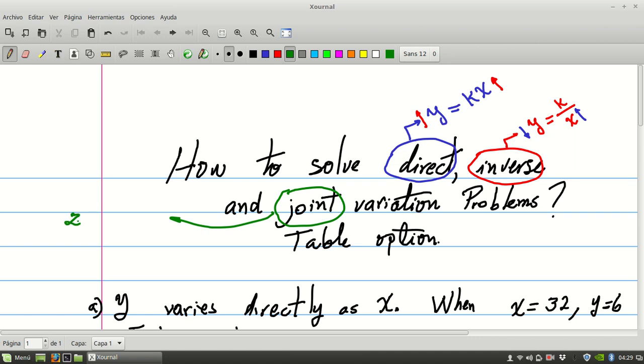And joint variation is when we have three variables, one in which we can say k is a constant, times x or y, and we don't know the power of x or y because it depends on the relationship.